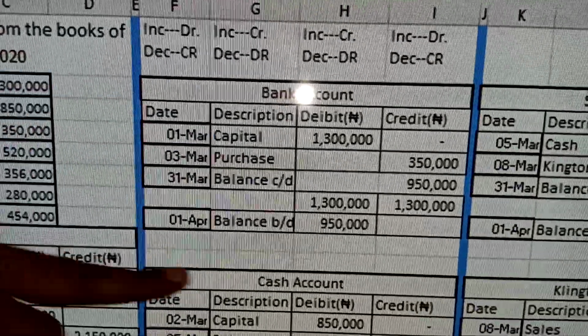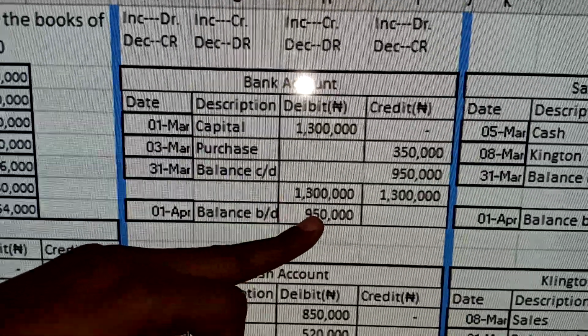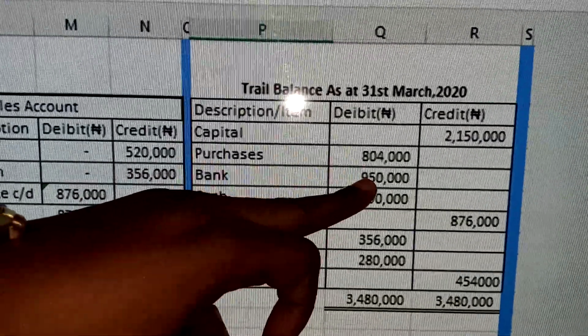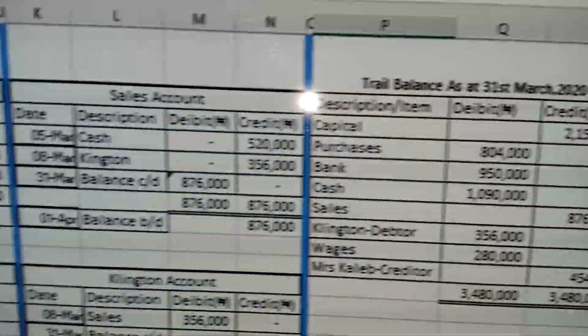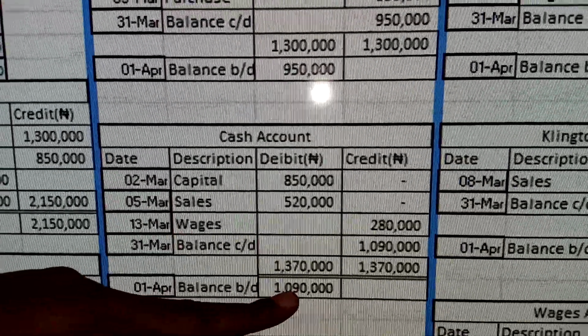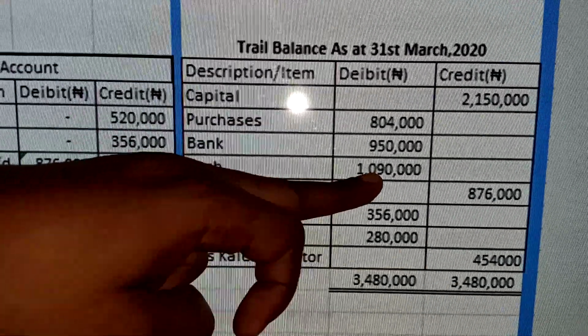The balance brought down is where? In the debit side. So bank will appear in the debit side of the trial balance. That's what you have here. Bank, 950,000. The next one, a cash account. The balance brought down is in the debit side. That's the debit balance. So your cash will appear in the debit side there, 1,090,000.